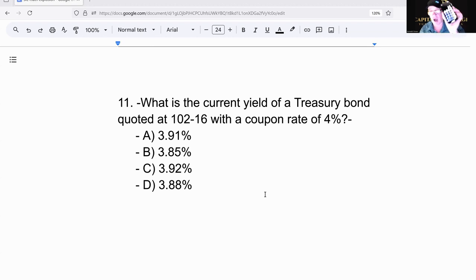Then I add the 102, so I have 102.5. Write that down, and then do 4 divided by 102.5, which equals 3.91. There it is, A. So if you see a decimal or a dash, you're going to do a treasury, which means you take the first number. I'll even write it on here so we can see it.